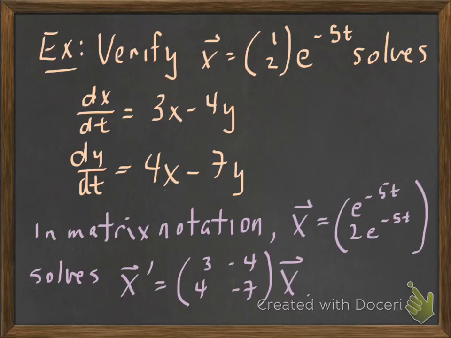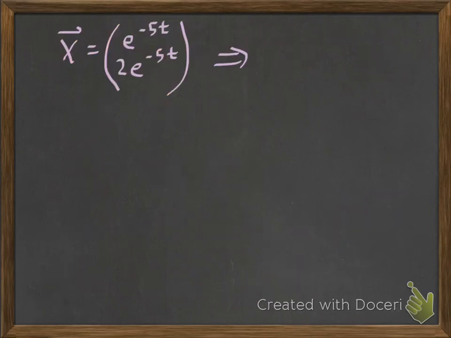So what we want to show is that this vector, (e^(-5t), 2e^(-5t)), solves the system of differential equations given by x' equals the matrix (3, negative 4, 4, negative 7) times x. That's what we're going to try to check here.